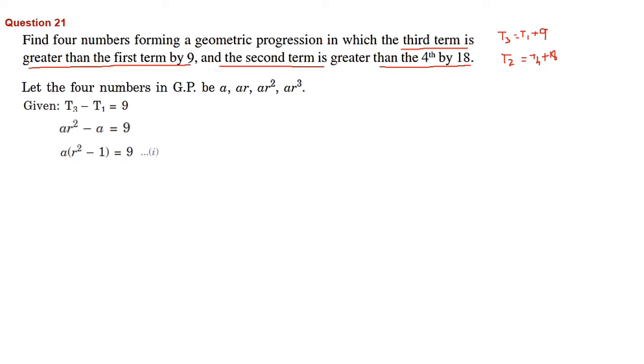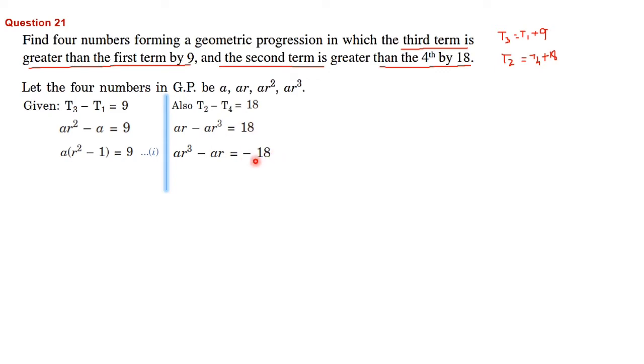Now the second statement, T2 = T4 + 18. We can bring T4 to the left side, so T2 minus T4 equals 18. T2 means the second term AR, T4 means the fourth term AR cube. So AR minus AR cube is equal to 18. Then we can write the higher degree term first: AR cube minus AR equals minus 18.